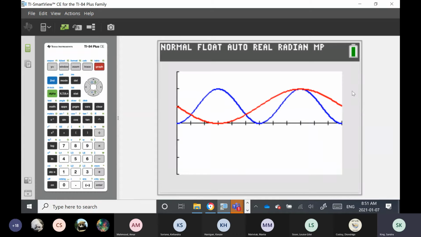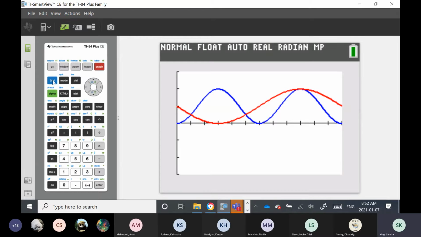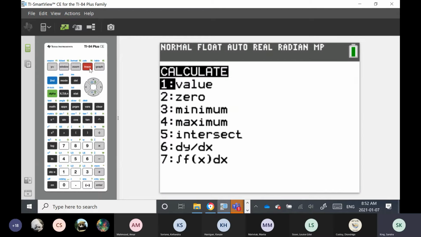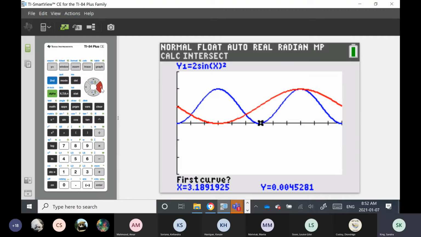I'm going to find this solution with you, and then I'm going to pick 2 different people to give me these 2 solutions. So let's find this one together. Second function, calculate. Oh, I think there might have been one. I wonder if this is the one that doesn't give me a nice answer. So go close to the intersect and you hit enter 3 times.